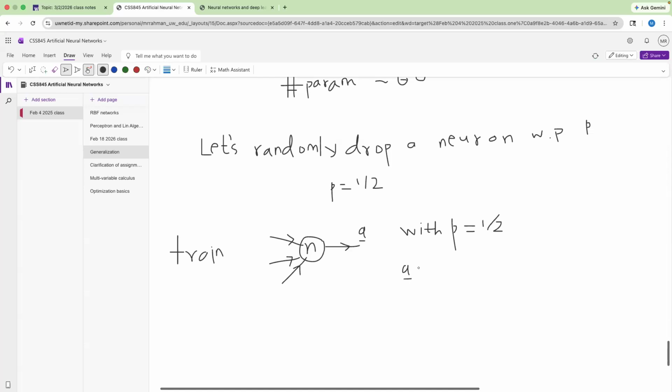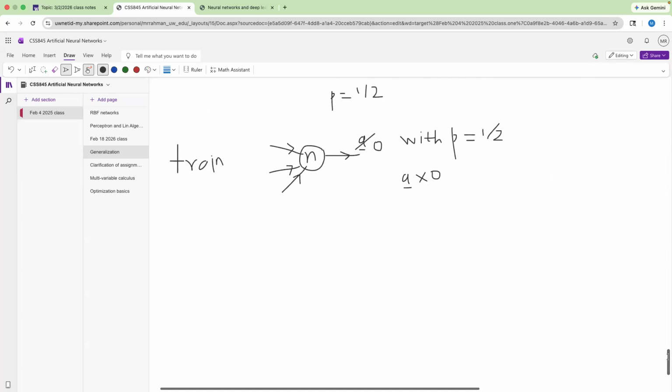Basically, multiply by 0, right? Or neglect this activation. In some sense, I'm ignoring the impact of this neuron, and whatever output was coming in, I'm just going to drop it, right? So pictorially, you can think of it like this, right? I'm just using a simple example of a network.